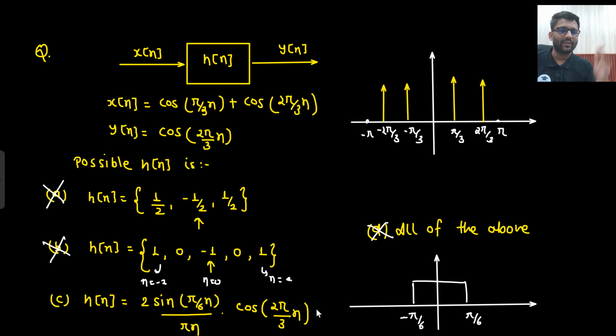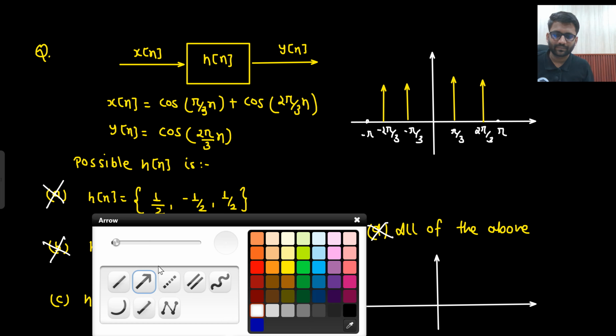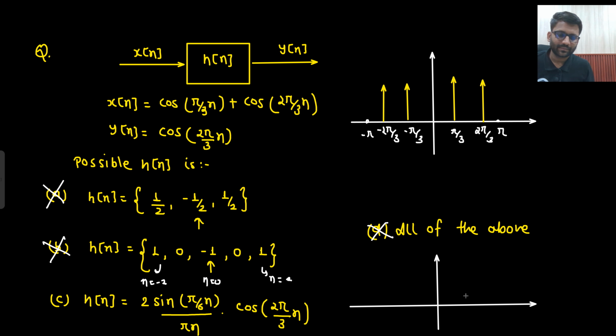The center will move to 2 pi by 3. So 2 pi by 3 minus pi by 6.